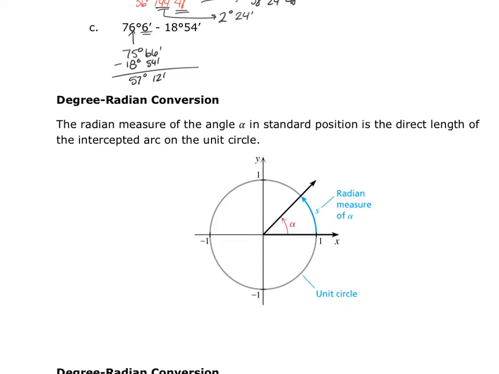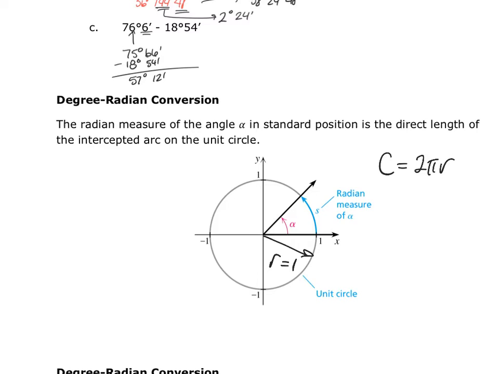So when we're talking about the degree into radians, we know that as we rotate around the unit circle, which means it's a circle where the center is at the origin and its radius is 1. A lot of what we're going to be doing is spending a lot of time in the unit circle where its radius is 1. If we go around the circumference of any circle, this is going to be 2 pi r.